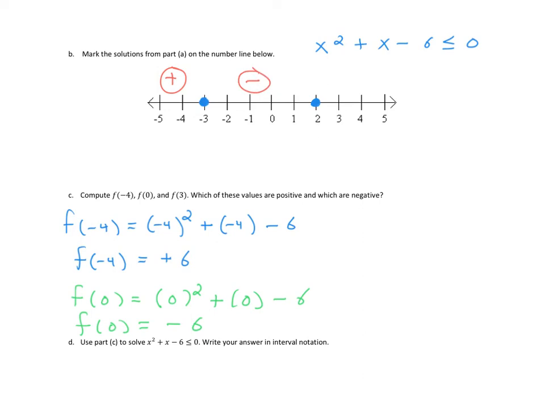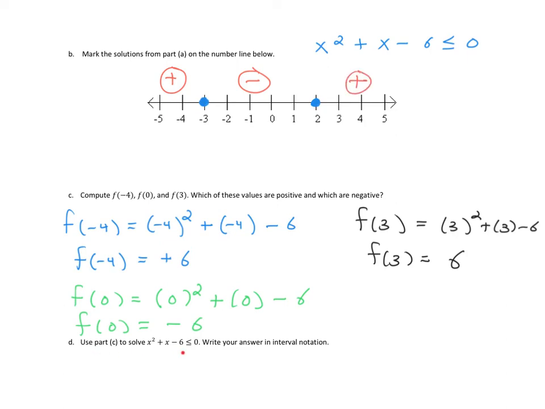And then lastly, we should check f of 3. That is, if you square 3 and then add 3 and subtract 6, what value do you get? Do you get a positive or a negative number? So this one actually equals 6 as well. All right, and that means this is positive.